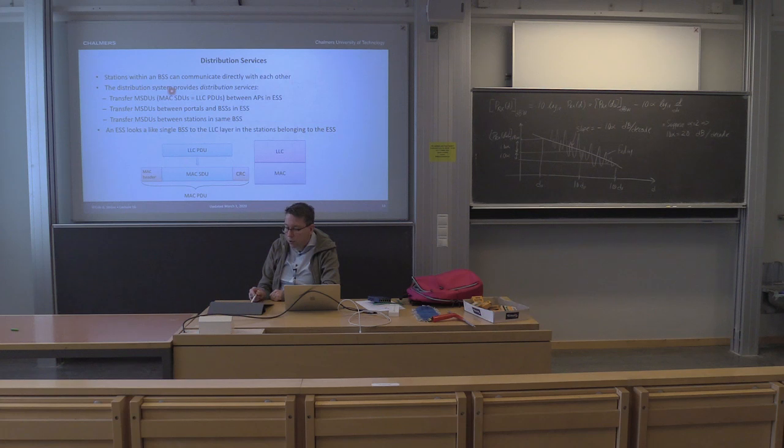The distribution system provides a service to transfer what's called MSDUs, which is short for MAC SDUs. SDU is service data unit, MAC is medium access control, right? These service data units are actually LLC PDUs. There are many acronyms here now, but if you remember, LLC is on top of the MAC layer in the IEEE standards.